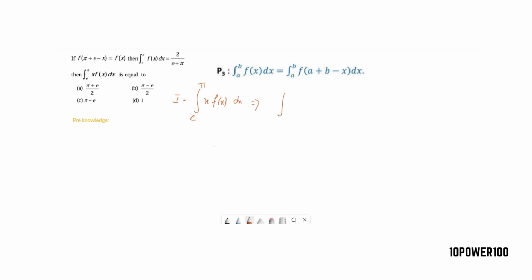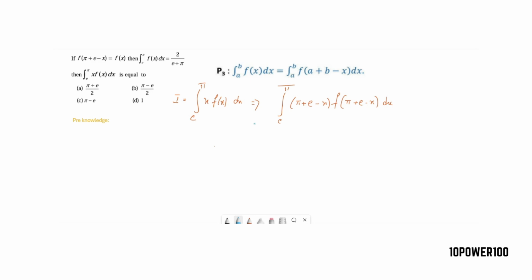So e to pi, x becomes upper limit pi plus lower limit e minus x, into f of the same, pi plus e minus x, dx.